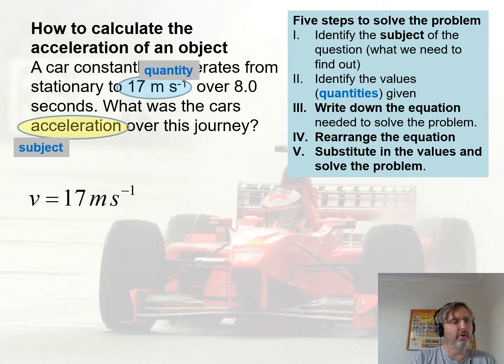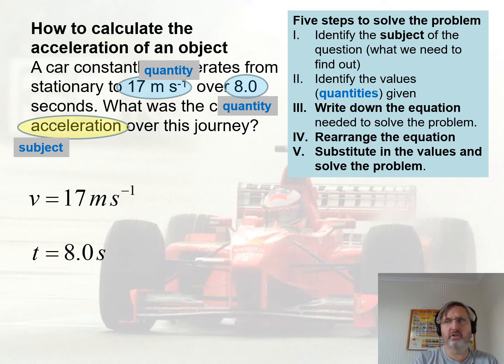What's our next value? 8 seconds. We know seconds is going to be time. So now what we have is speed, time, plus we have the subject, which is acceleration. We know the symbol for acceleration is A, so I've got A, V and T.